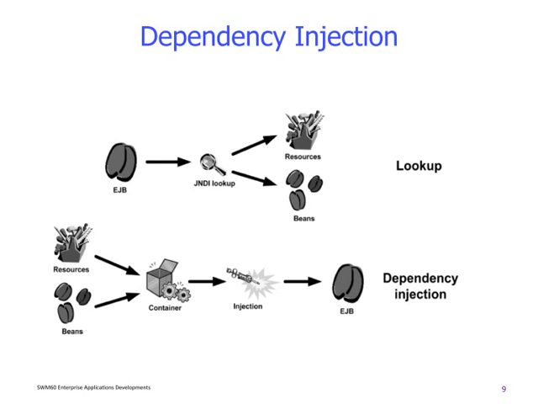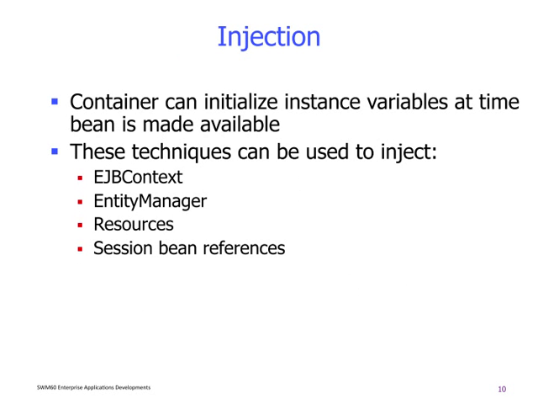So we don't need to bother with making an explicit call to look up the resources and then receive the interface to these resources. With the injection, the container will initialize these bean instances when the bean is deployed, when it's made available.